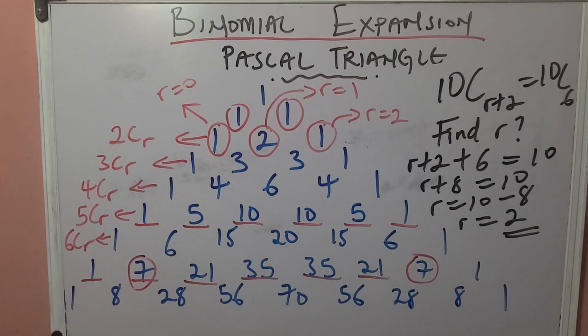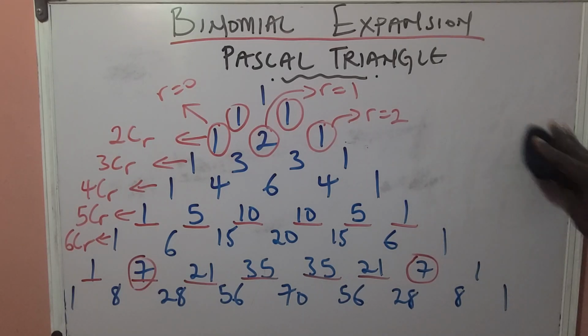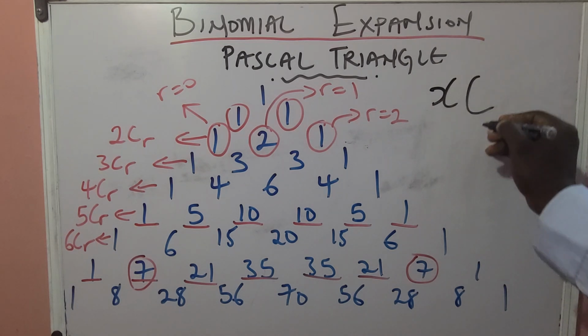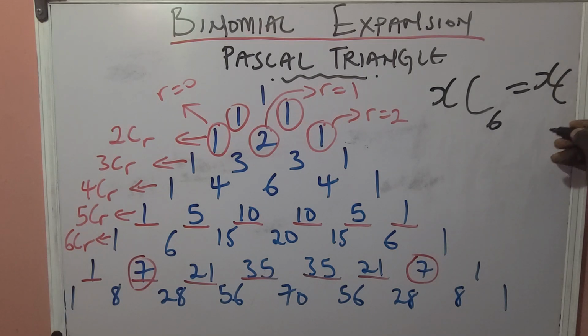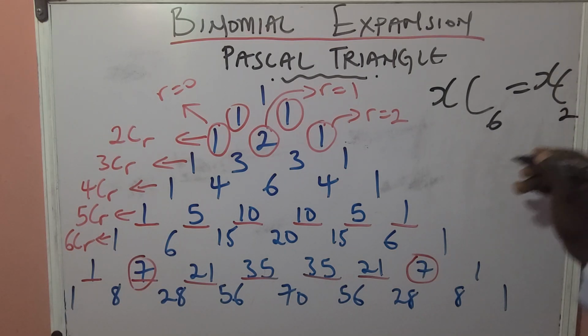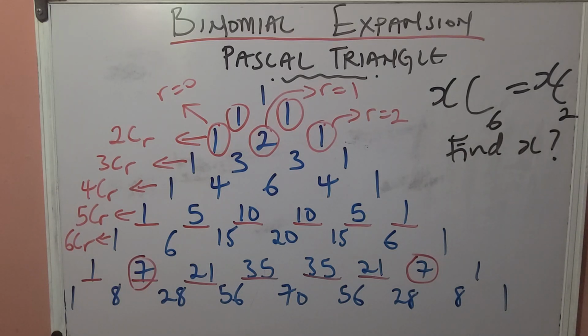All right, let me see how you cope with this particular question I give you. If you were told that x combination 6 is equal to x combination 2, find x. What's your x value?